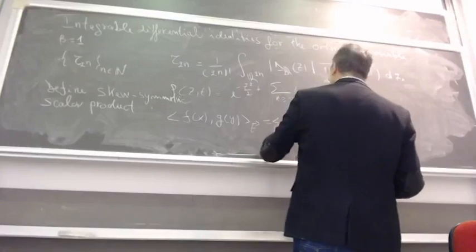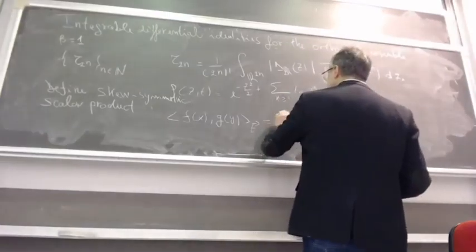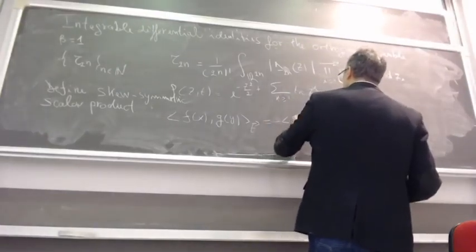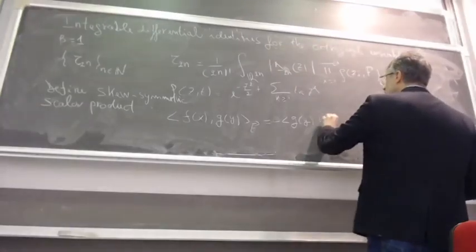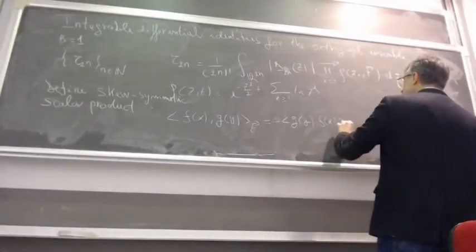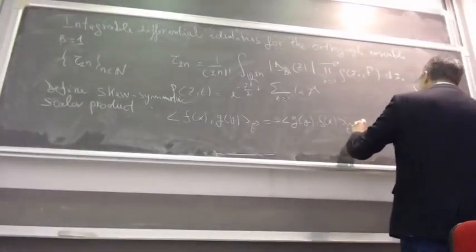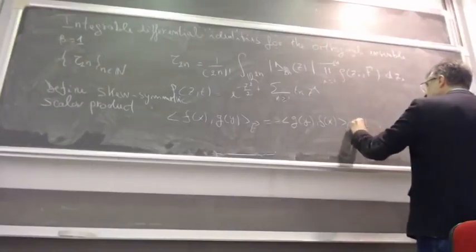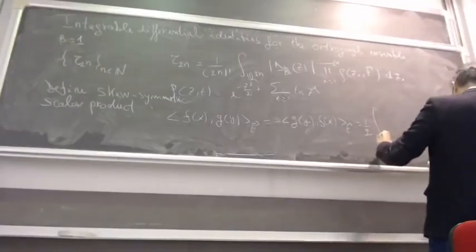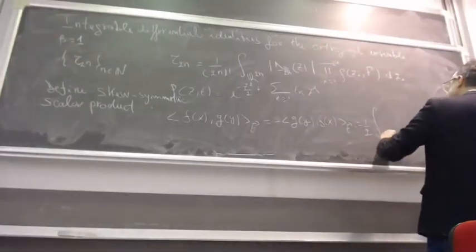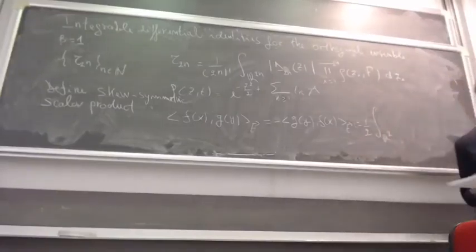So this is equal to minus the scalar product of g(y) and f(x), and it is defined as one half of the integral over R^2.